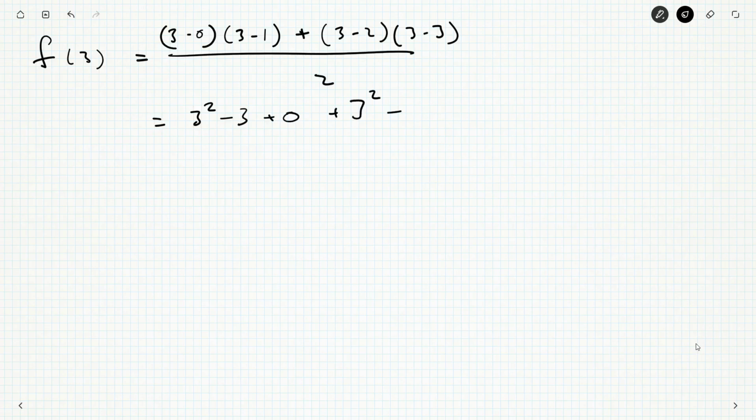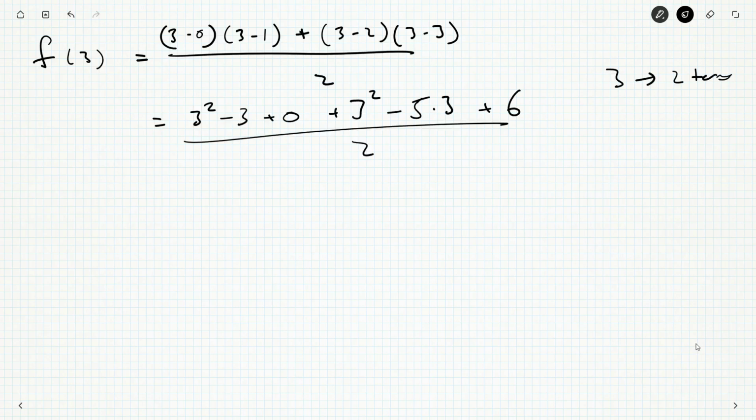And that's 3 squared minus 5 times 3 plus 6. So I had 2 terms there with 3. So 3 gave me 2 terms. And this will all be divided by 2. So it'll actually be 0 plus 3. Oh, what a shock. We got the same. Yeah, I know. But so f of 4 is 4 minus 0.